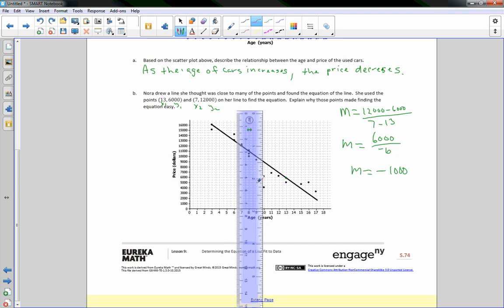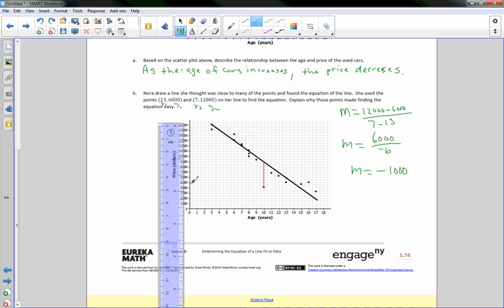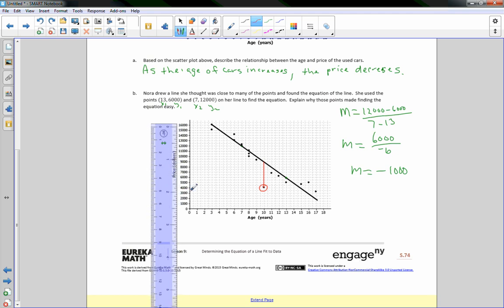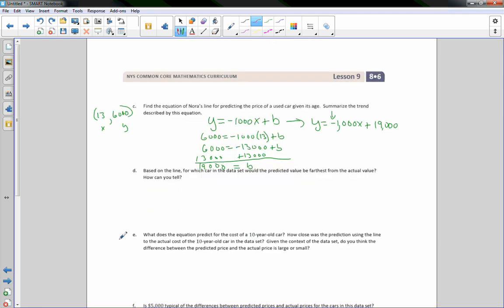And if I look at this dot right here, that dot is that distance away from that line, and there's no other point further than this one, which is the 10-year-old car for $4,000. Okay, and it says, how can you tell? Well, I just showed you with the ruler.